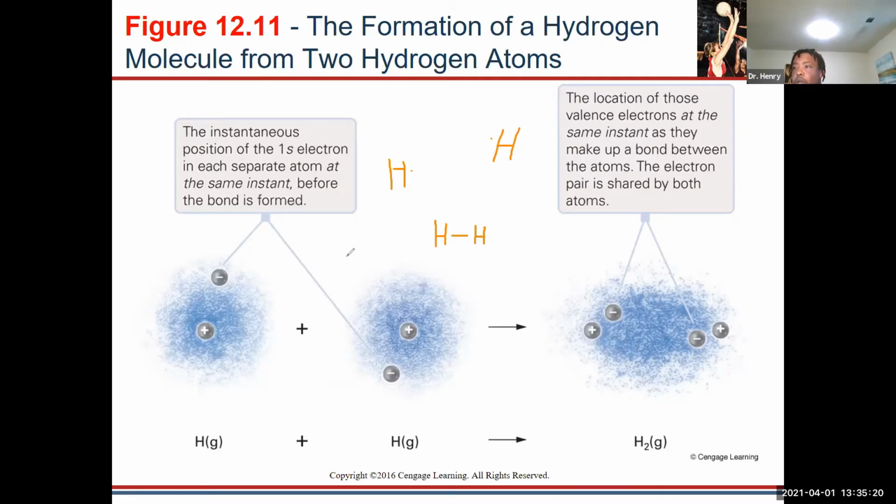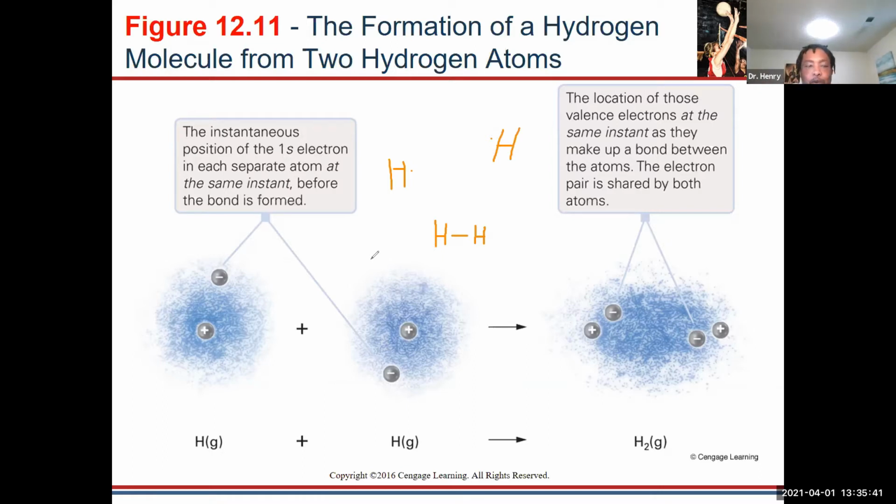We know that bonding is only going to be done with those valence electrons. What are valence electrons again? Those are the electrons in the outermost shell that can be used for bonding.